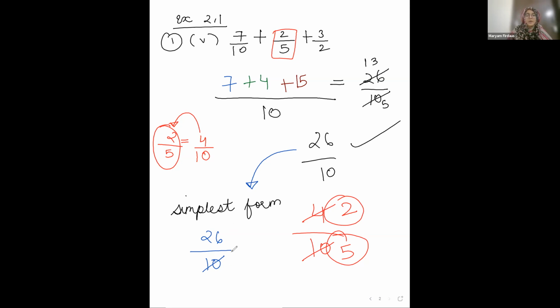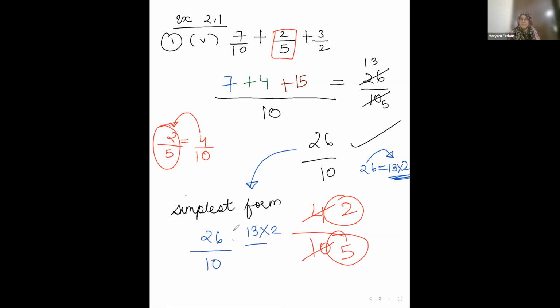Or you can say, if you want, write down all the factors of 26 and 10. So 26 is equal to 13 multiplied by 2. 13 2s are 26, right? So instead of 26, I am writing 13 multiplied by 2.